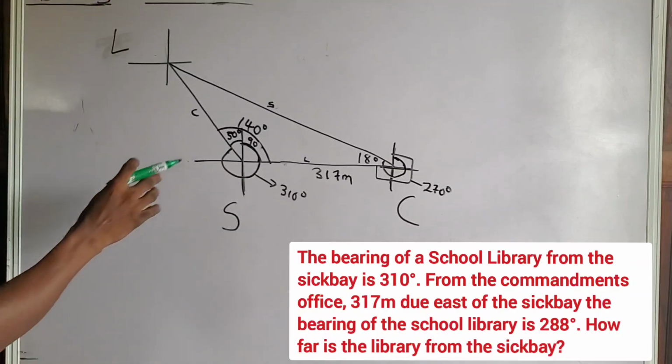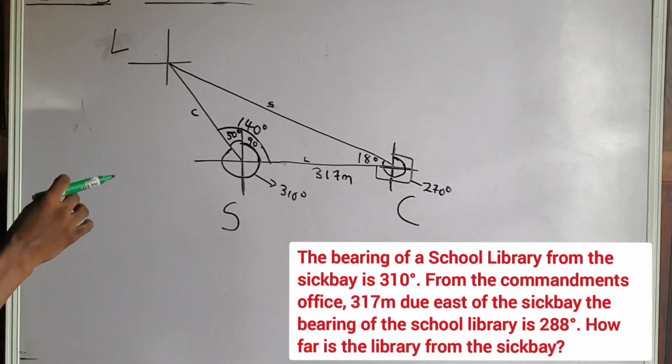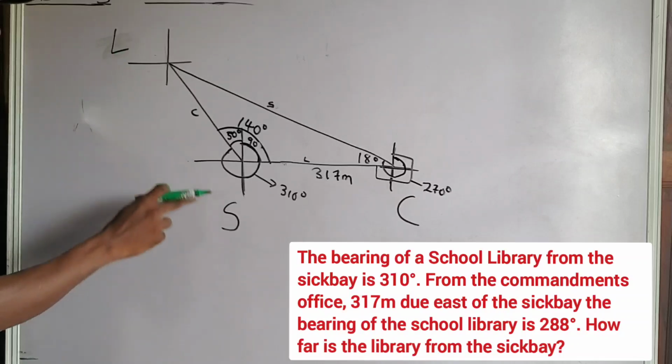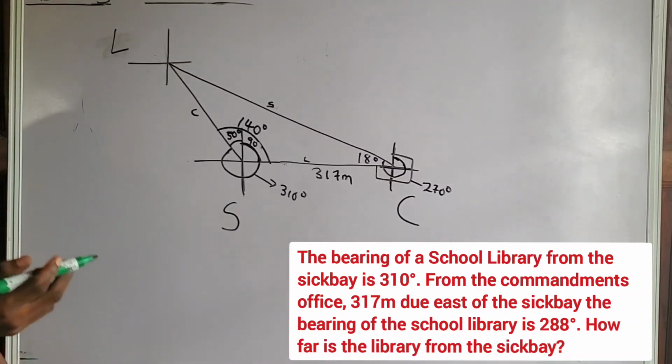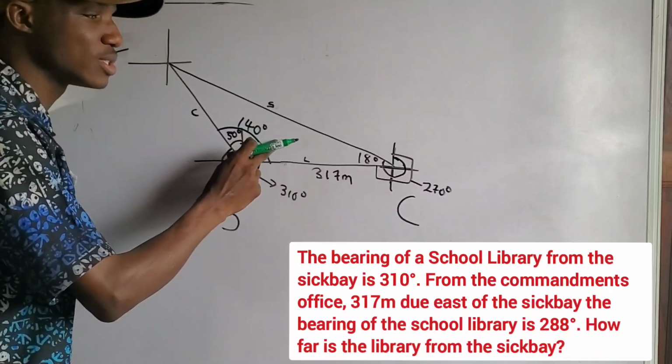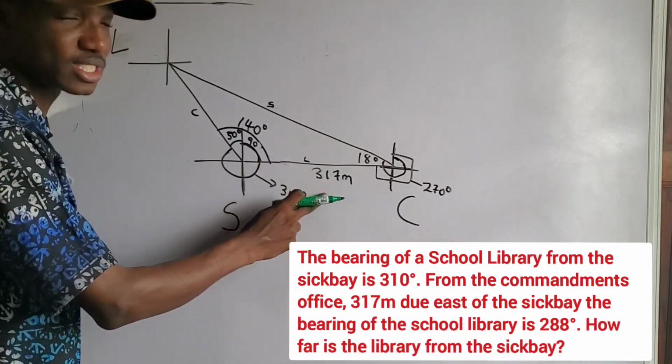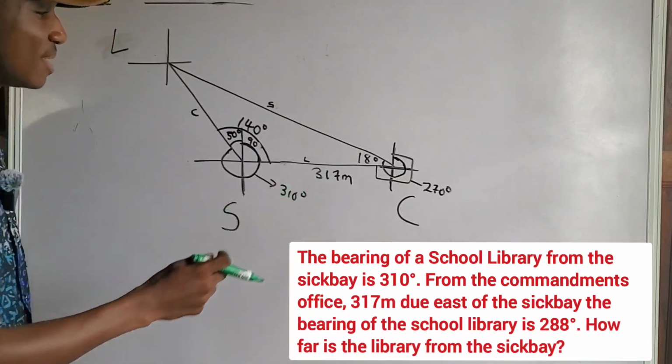Now, with respect to this diagram, we can easily determine the distance between the school library and the sick bay using the sine rule. The reason we use the sine rule is because we have two angles in this triangle and we know one side.